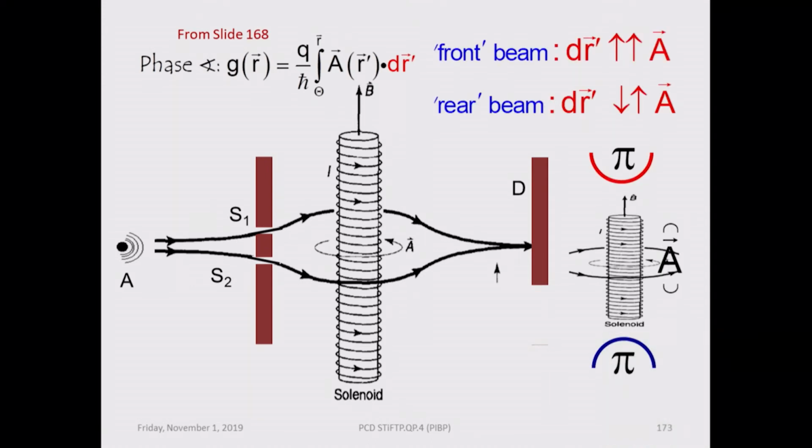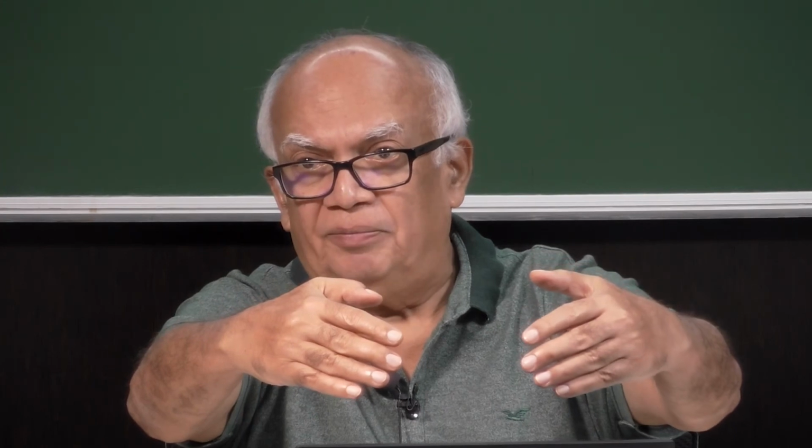Okay? So, there is a front beam, the beam which is on our side of the picture, and the other beam is behind the solenoid. So, what is on our side is going in the same direction as the vector potential, and on the opposite side it is going against the vector potential. So, A dot dr, dr is the vector displacement, and delta r has got opposite signs, and on one side it goes in half a circle, in the other it goes in half a circle.